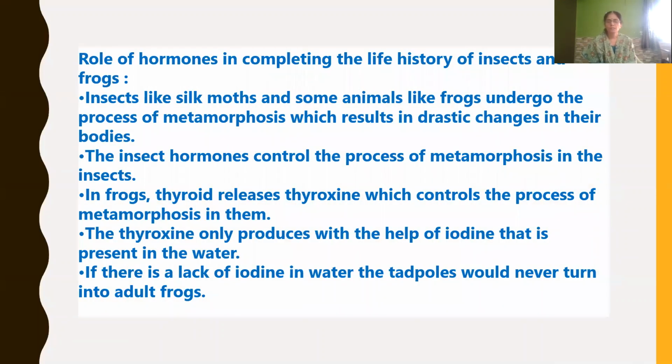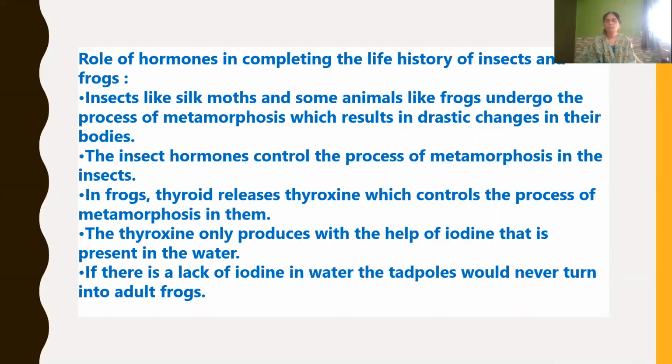In the same way, we have discussed the role of hormones in completing the life history of insects and frogs. For insects, we discussed the life cycle of the silk moth, and in the frog, how it undergoes metamorphosis.